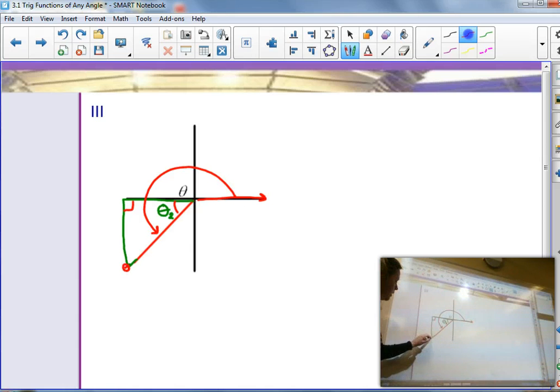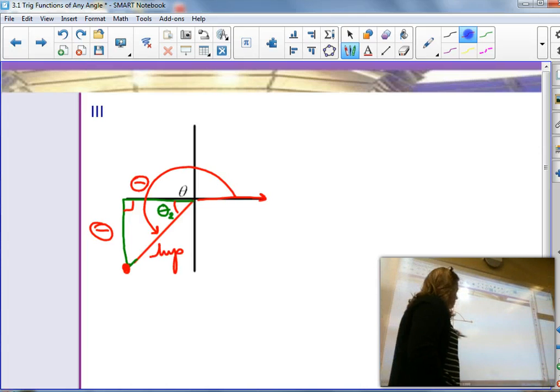So if you were looking at this point right here, what is the y value of that point? Positive or negative? Negative. And what is the x value of that point? Negative. Also negative, right? Because you went in the negative x direction. The hypotenuse is always positive because distance is positive.